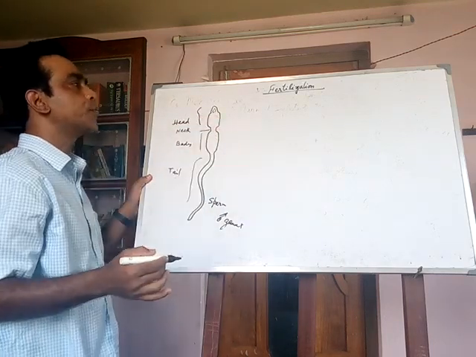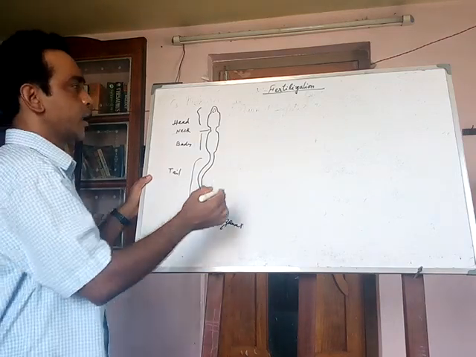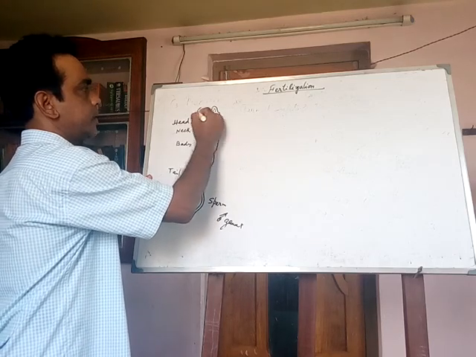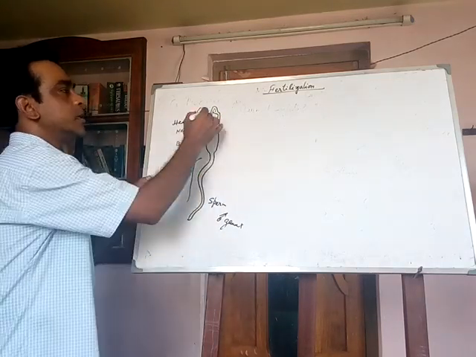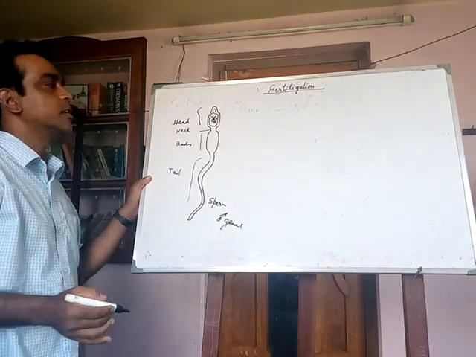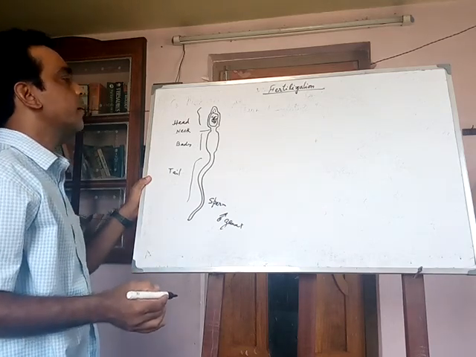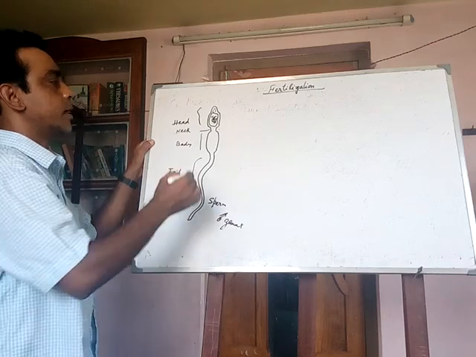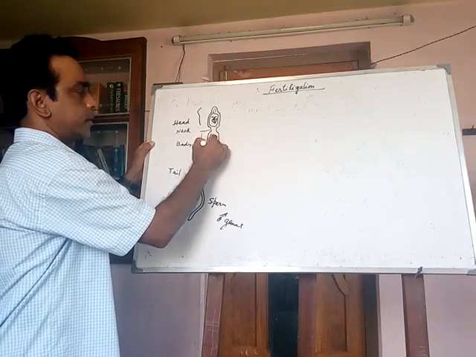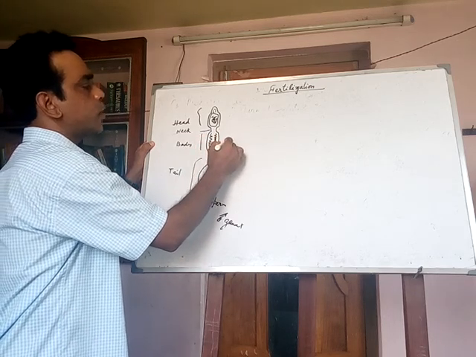The acrosome cap is the top portion of the human sperm, and after the acrosome cap, the head is constituted by the nucleus, which has the haploid set of chromosomes. This is the head, and this is the neck part, and the body part consists of mitochondria.